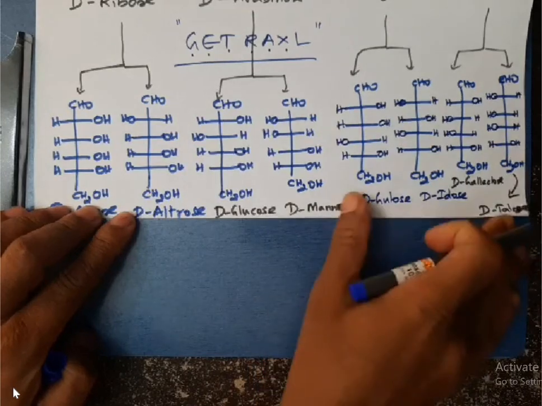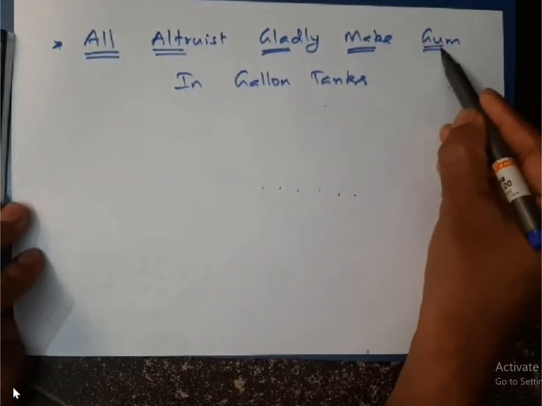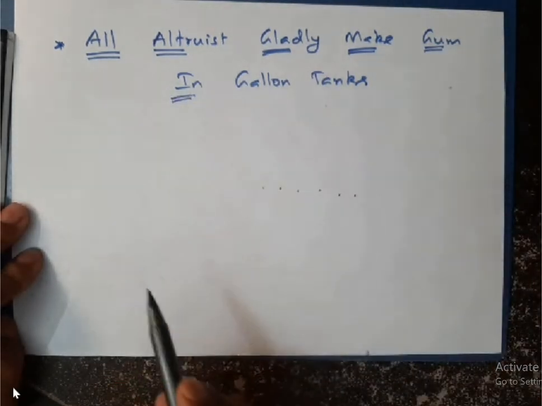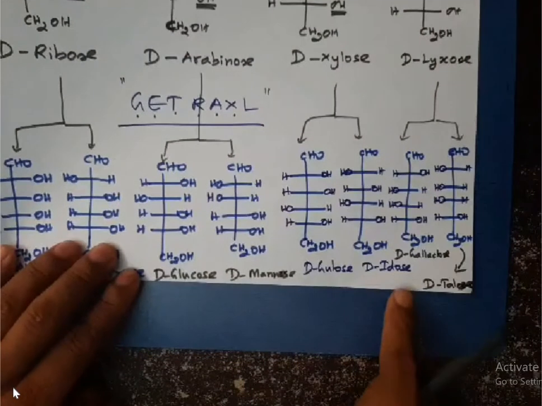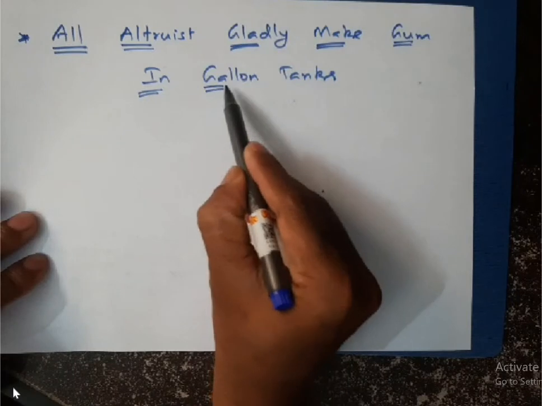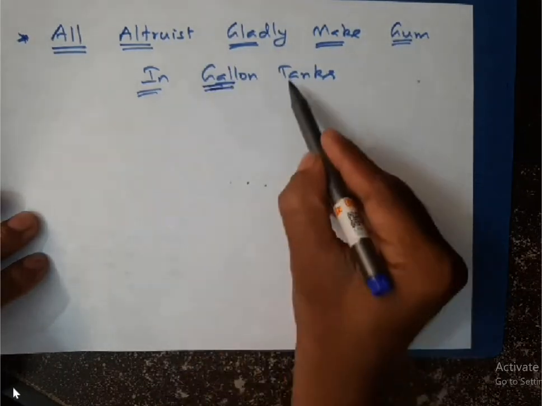Fourth one, mannose, so we have make. Here we have make, mannose. Then gum, GU. You take the first 2 letters, gulose. Then I for idose. Then GAL for galactose, and T for talose.